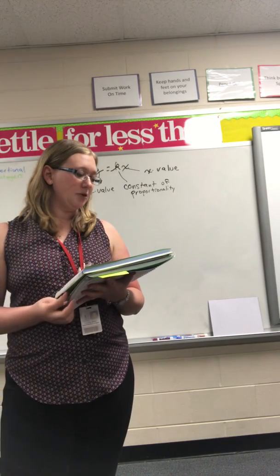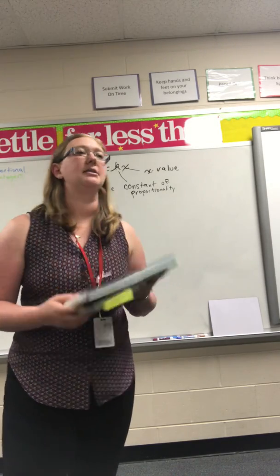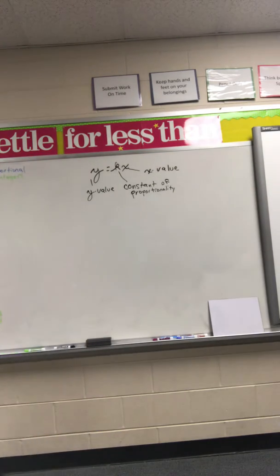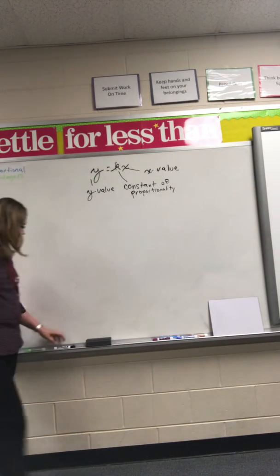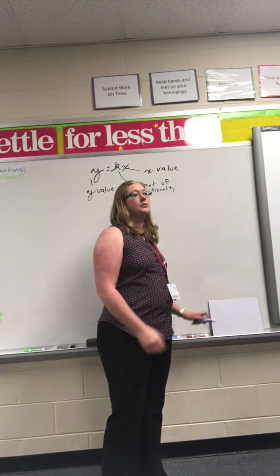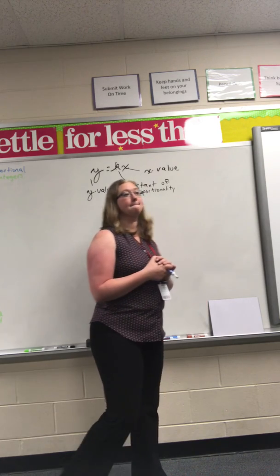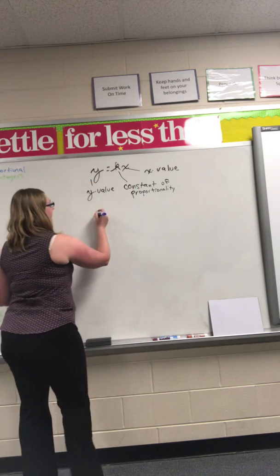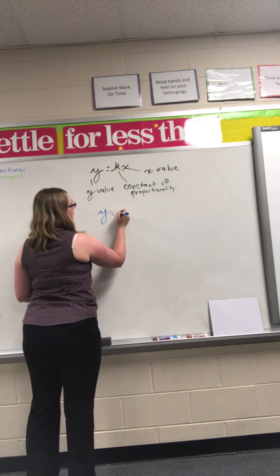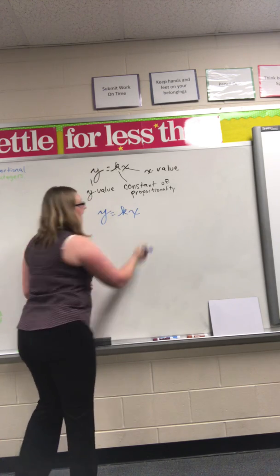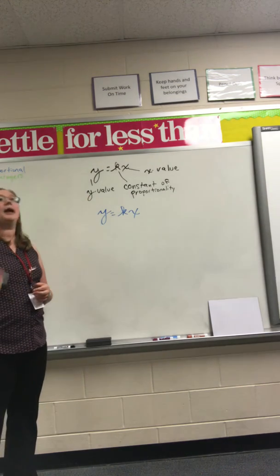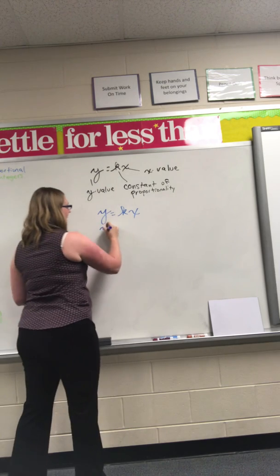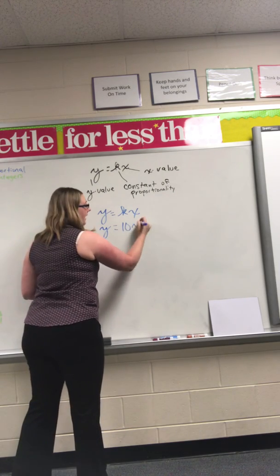Identify the constant of proportionality and explain what it represents in the situation. So, we start with y equals kx. It tells us that the problem is y equals 10x.